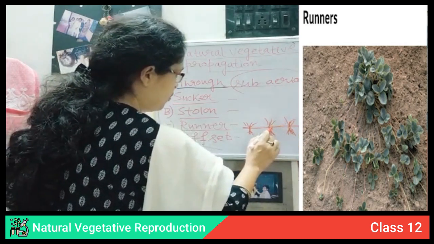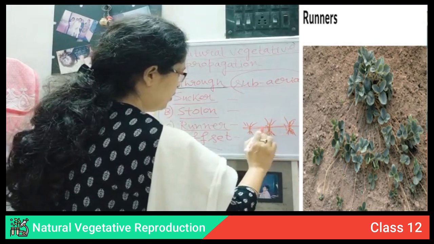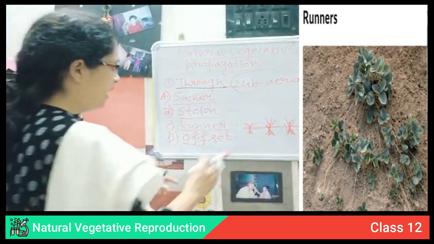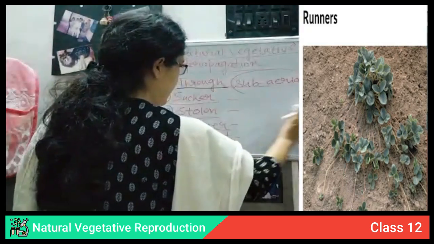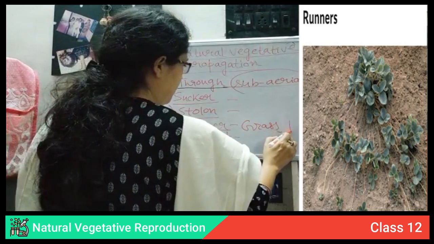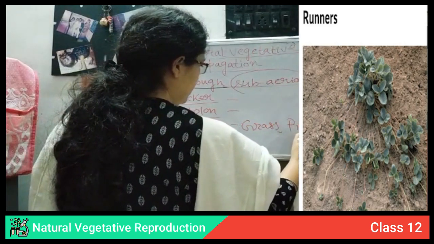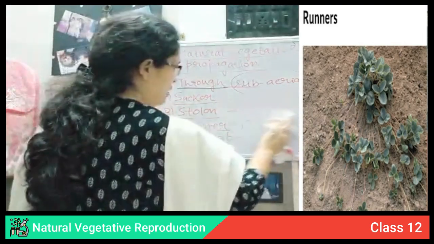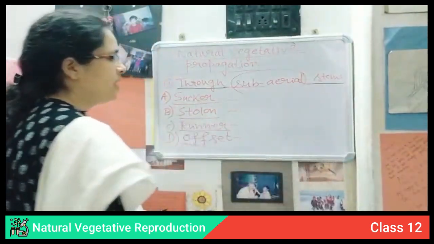And if we cut that portion and place it in new grass, a plant will arise. The examples of runner are grass, pineapple, etc.